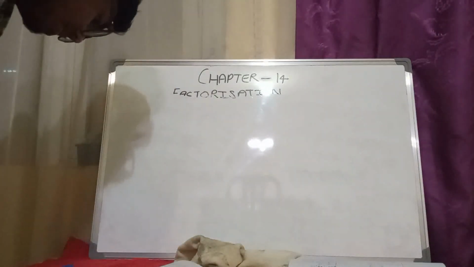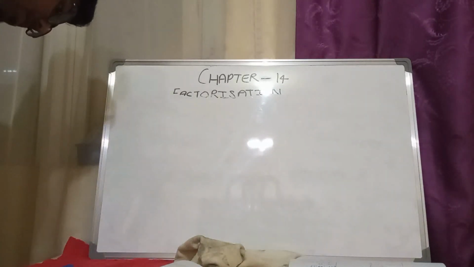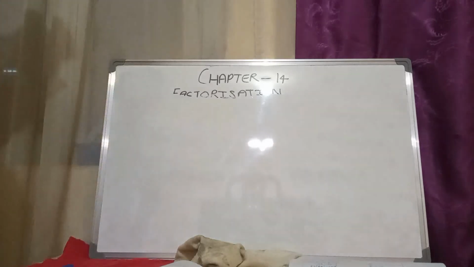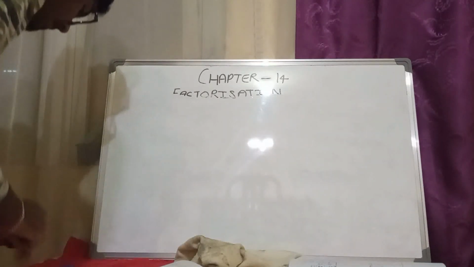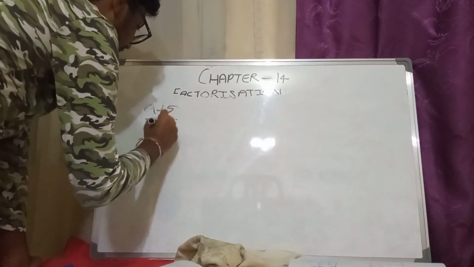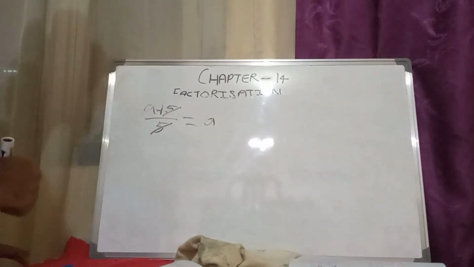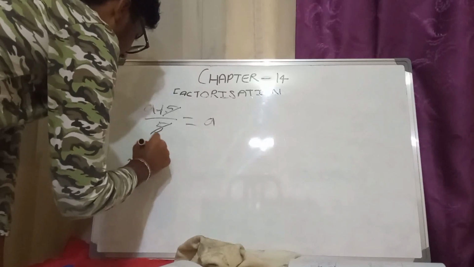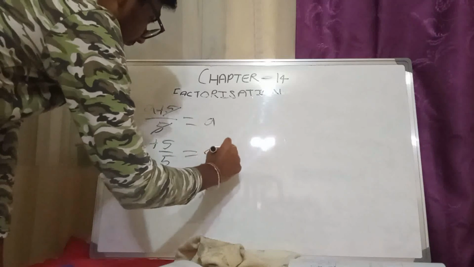And the last I find is, while dividing a polynomial by a monomial, we divide each term of the polynomial in the numerator by the monomial in the denominator. For example, this is a common mistake. Now, for example, we take a plus 5 by 5. Some people cancel 5 and 5 and say the answer is a. Some people separate it and make it a plus 1.